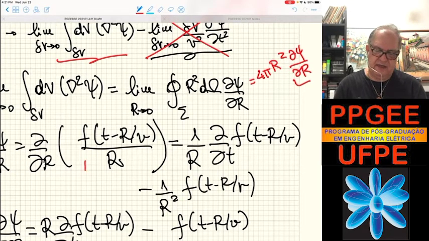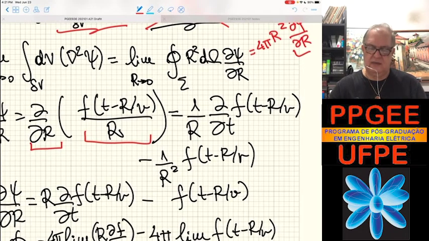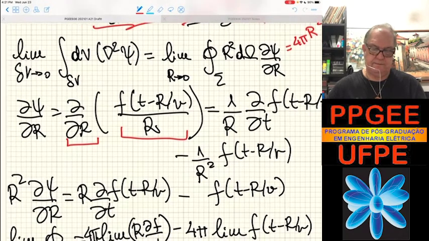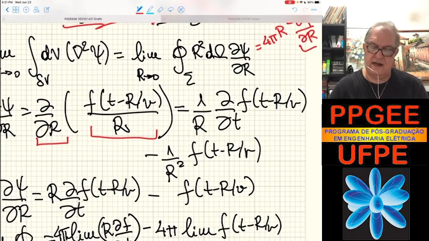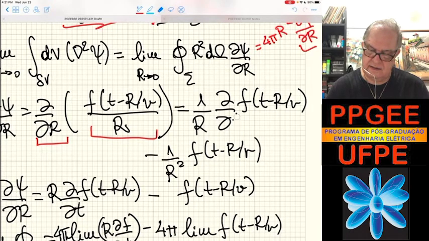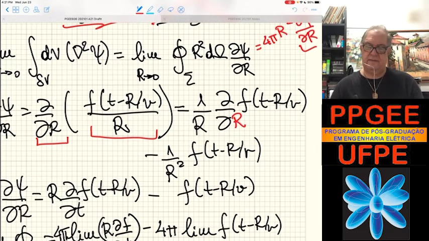Psi has this form here. D psi dr is this. Chain rule, okay: 1 over r times the derivative of f with respect to r. I'm sorry, this is d/dr. Another error there. So 1 over r times the derivative of f, plus the derivative of 1 over r, which is minus 1 over r squared, times f.